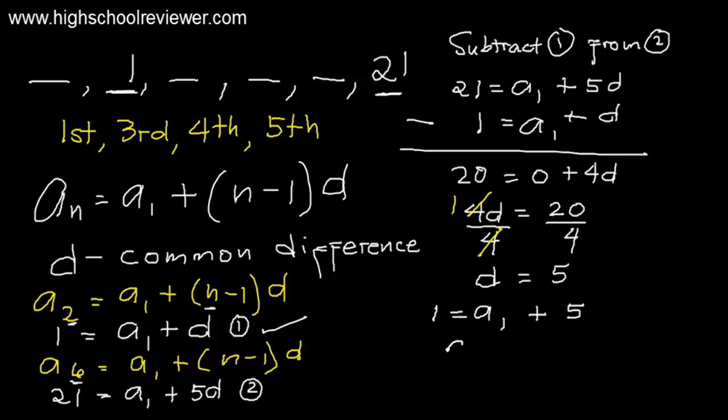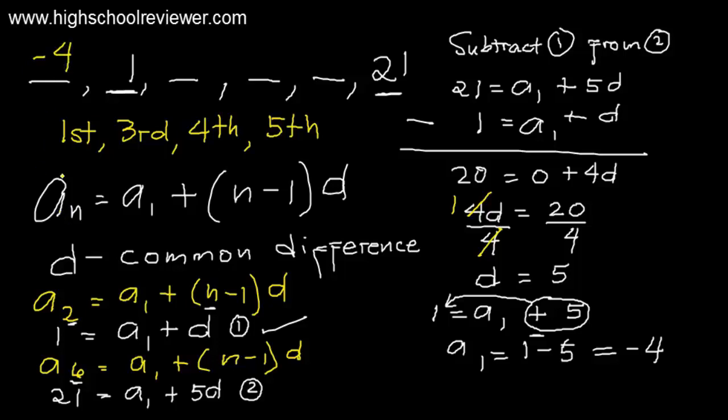So our a sub 1 here will be equal to, we will just transpose positive 5 to the other side. So transposing, this will be 1. If we transpose positive, this will change sign. It will become negative 5. So 1 minus 5 is negative 4. Okay, so we have here the value for a sub 1. Our a sub 1 is negative 4.